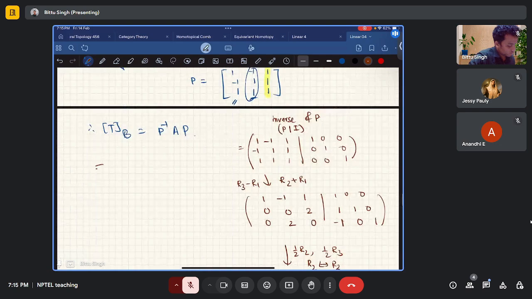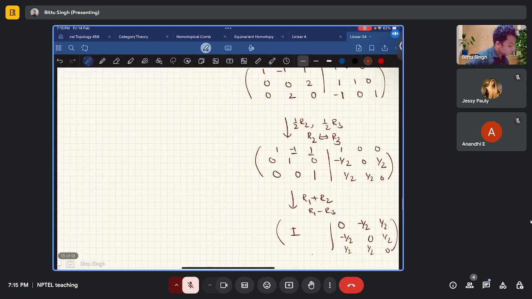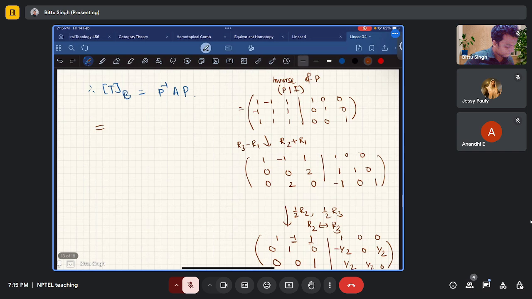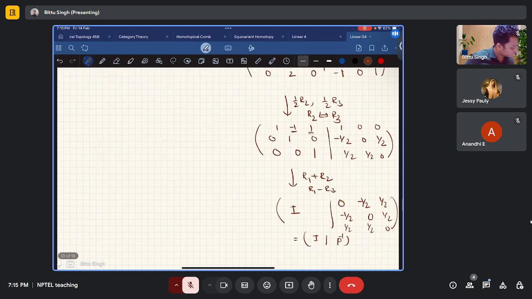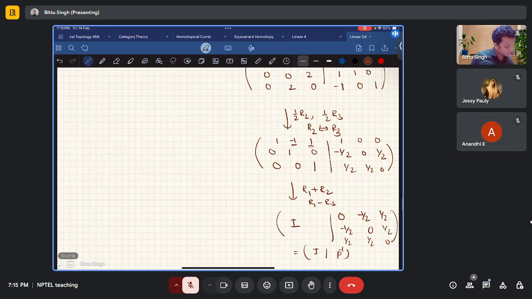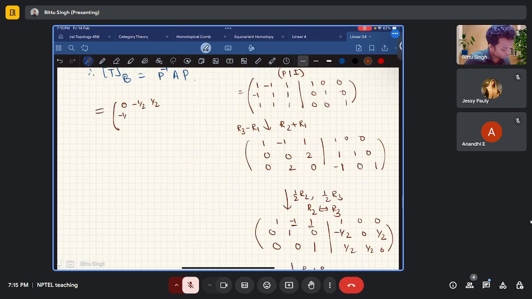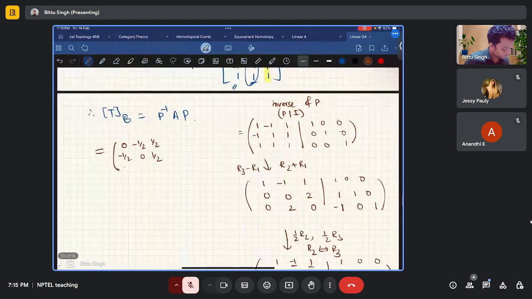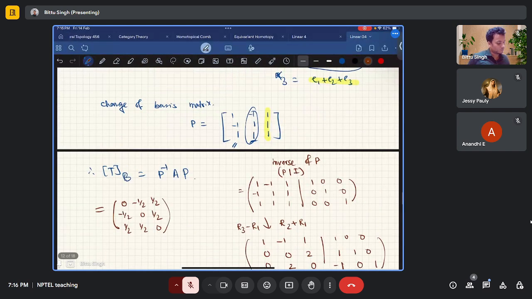So we may write, this is actually P inverse. We get I and P inverse together. Okay. So P inverse is given by 0 minus half half, after that minus half 0 half, after that half half 0, times AP.